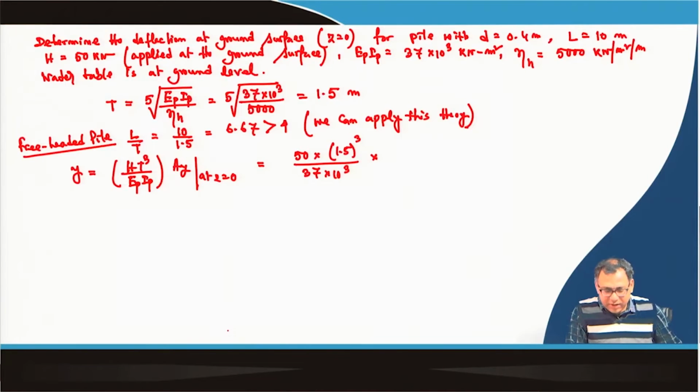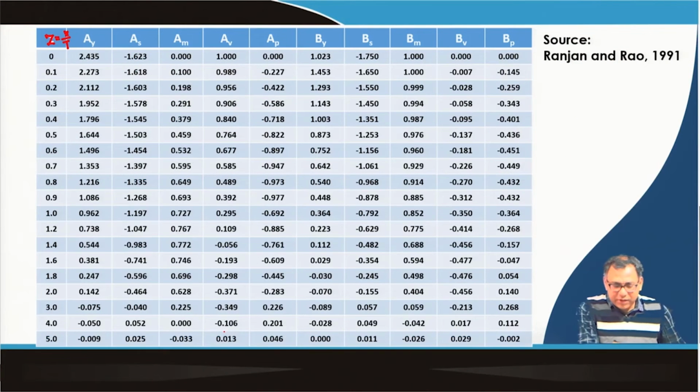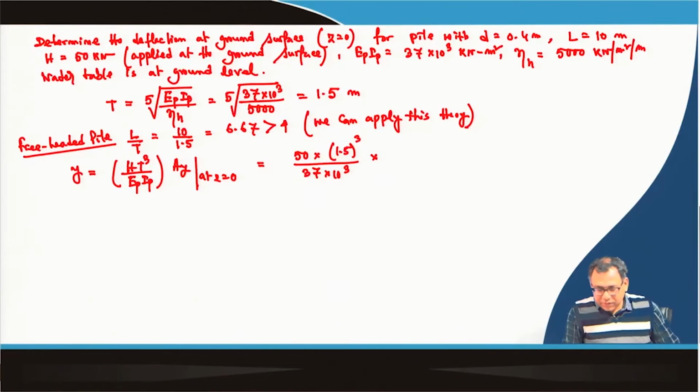So, what is Ay at z equal to 0? Ay at z equal to 0 is 2.435. So, we will write 2.435. Okay, because we are calculating the deflection.